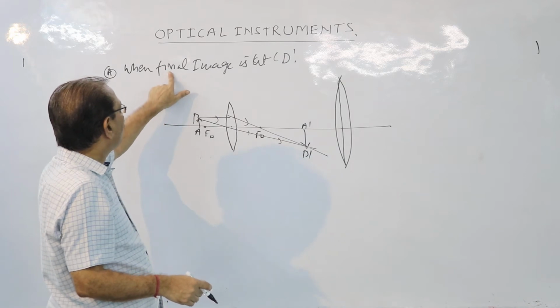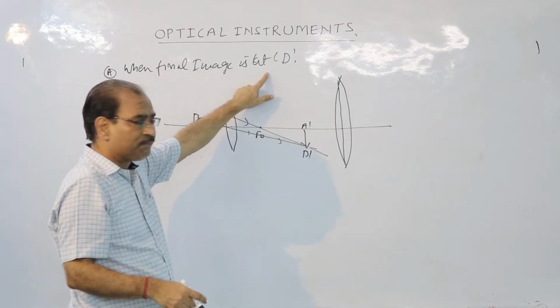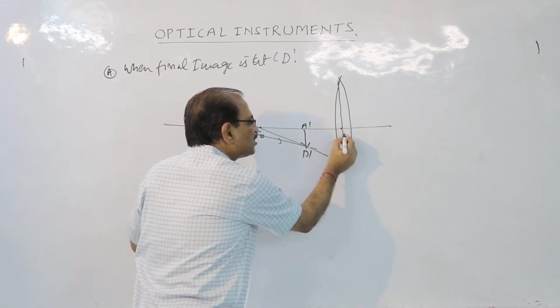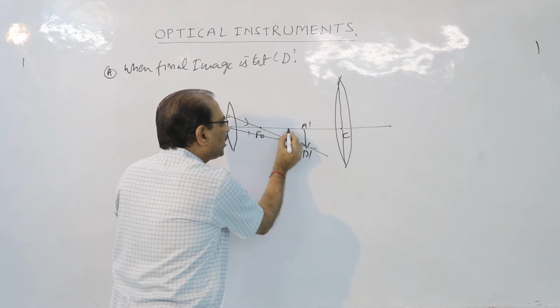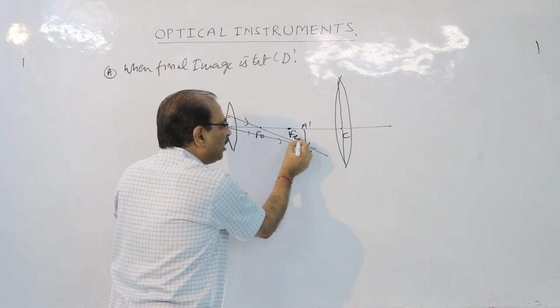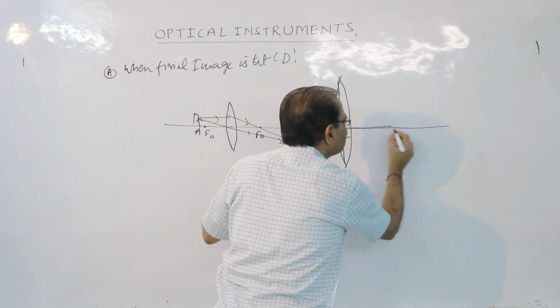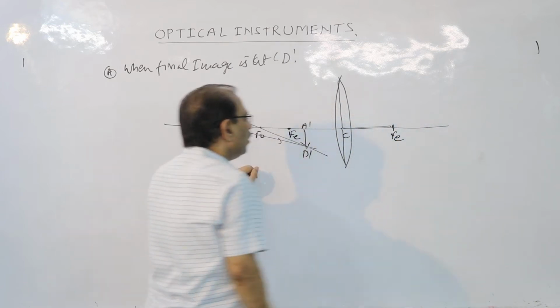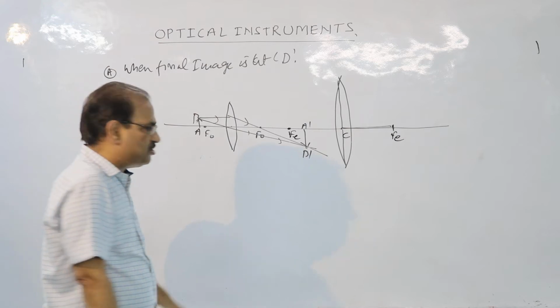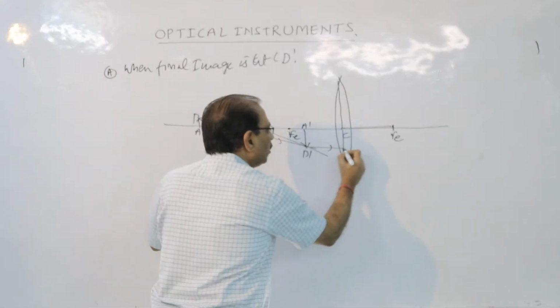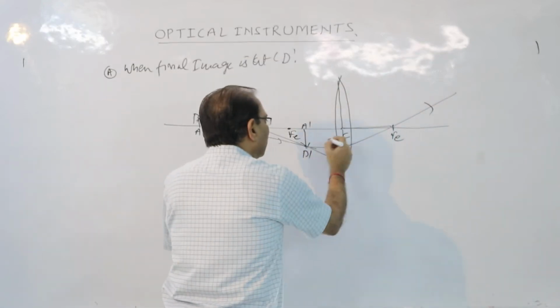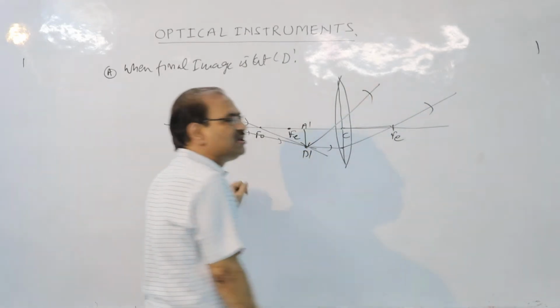So let us focus on when the final image is at D. Children, for this lens, let it be the optical center, let its principal focus be here, FE. It is the same distance called FE. Now let us see the formation of image. A ray will go parallel, will pass in this manner, another one through the optical center will go in this manner.